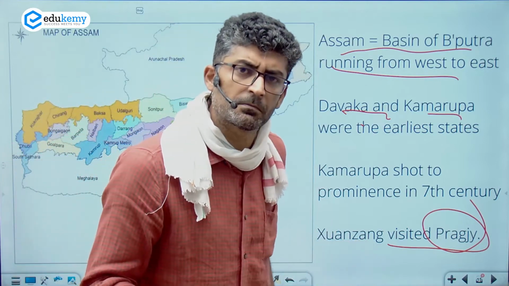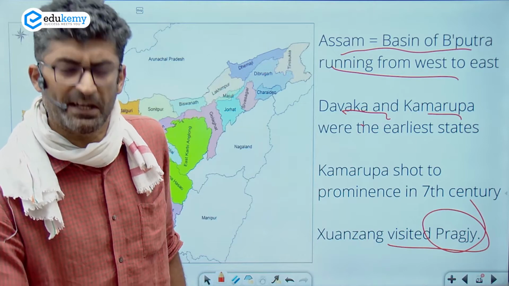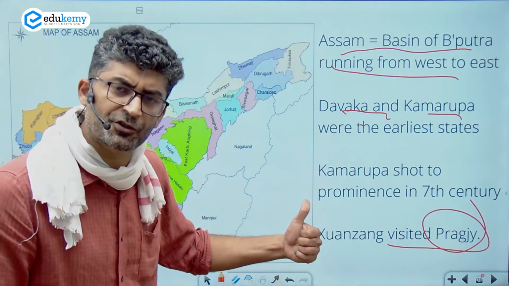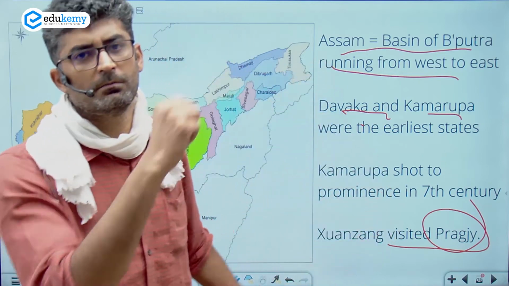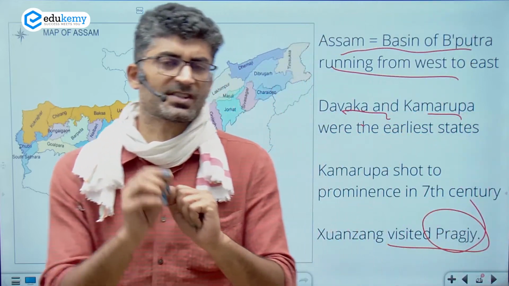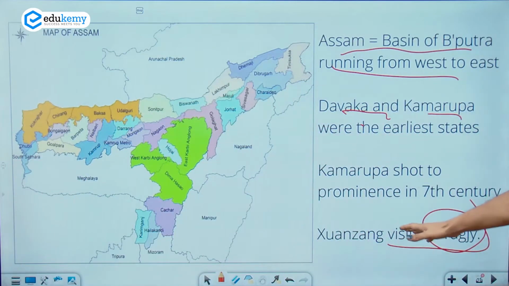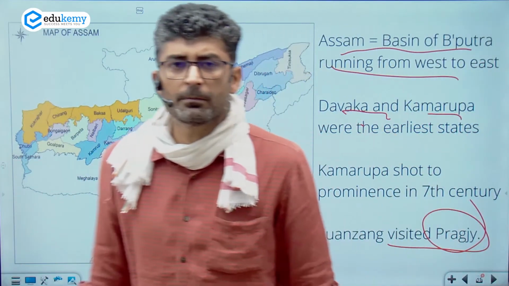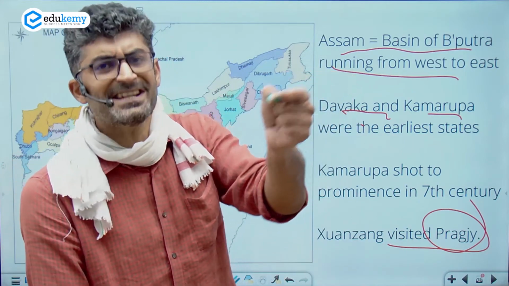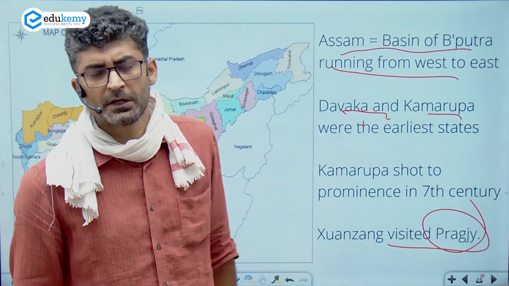Kamarup was the region, and the city was Prag Jyotishpur. At Kamarup there have been three dynasties: Prag Jyotish, Mlechchha and Pal. That's the only set of understanding I wanted to discuss through this class. I'll elaborate. Hang on. So Huansang did visit Prag Jyotishpur, the capital of the Prag Jyotish dynasty, which was ruling Kamarup at that point of time.